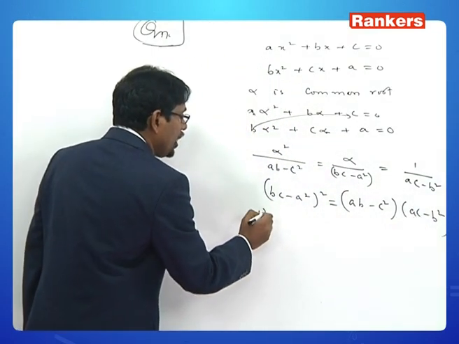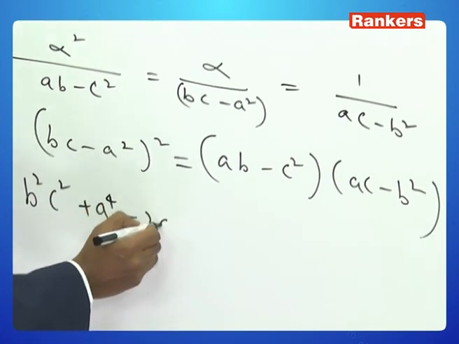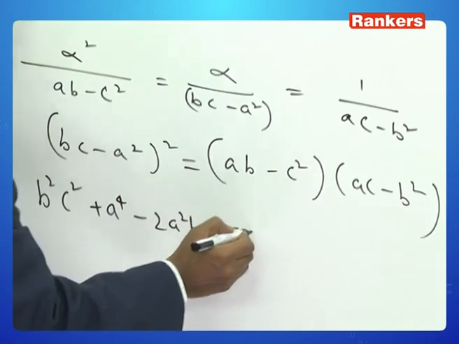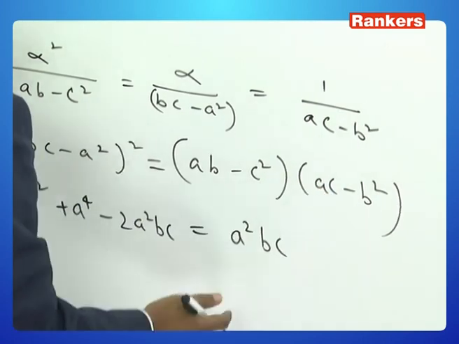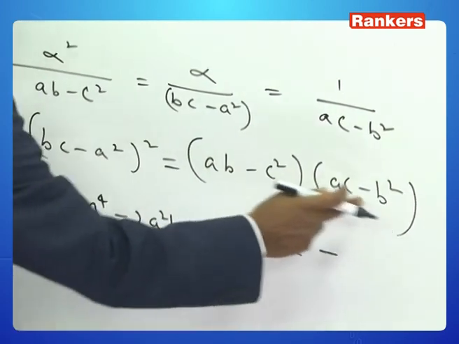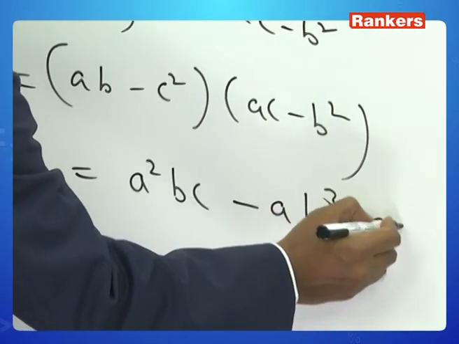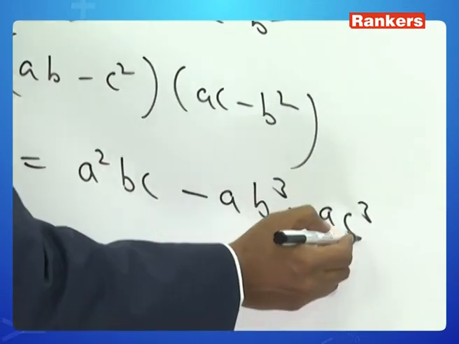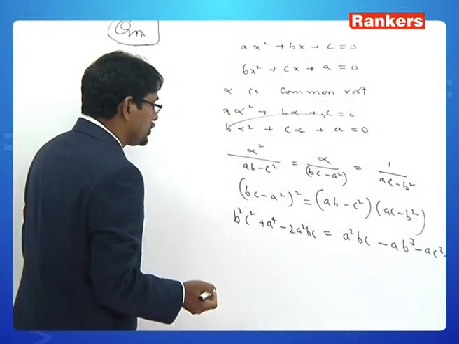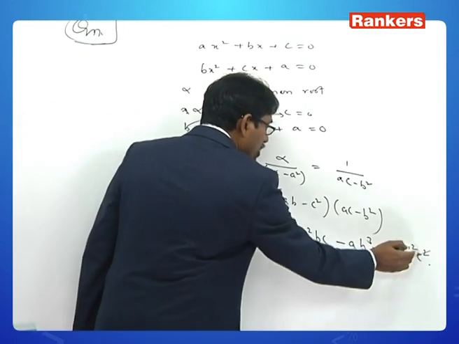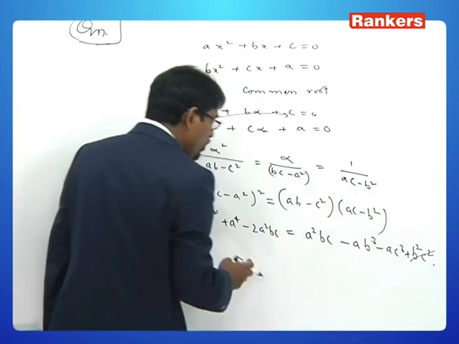Opening it up, we have a square b square c square plus a power 4 minus 2a square bc, and here we have a square bc, ab into ac, minus ab cube, minus ac cube, plus b square c square. Now this b square c square and this b square c square, we can cancel out both sides.